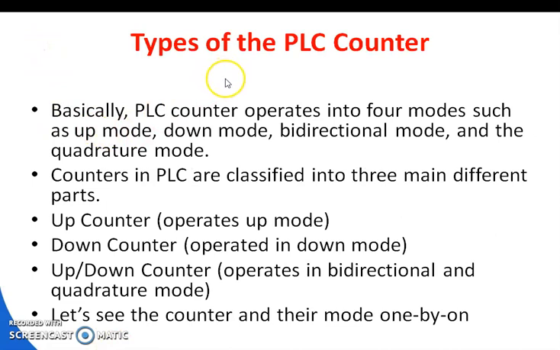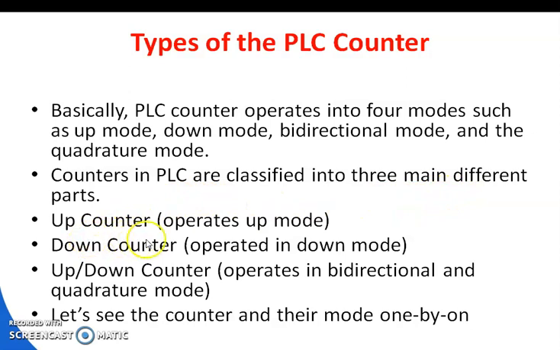Types of the PLC counter. Basically, the PLC counter operates in 4 modes such as up mode, down mode, bidirectional mode, and the quadrature mode. The counters in PLC are classified into 3 main different parts.